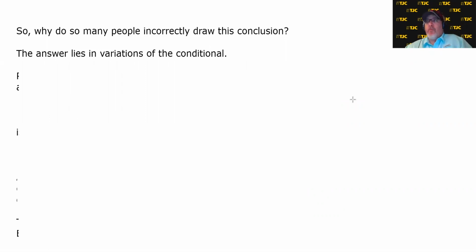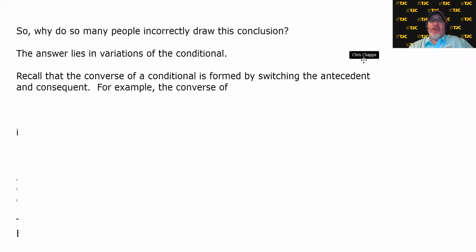In the 3rd section of this chapter, we talked about types of statements, and one type of statement was variations of the conditional. Recall that the converse of a conditional is formed by switching the antecedent and the consequent.